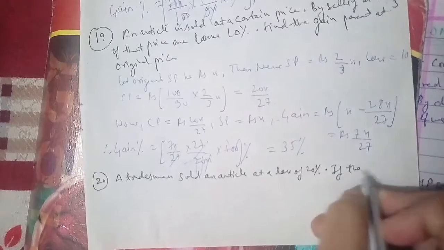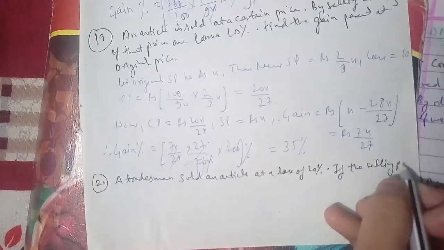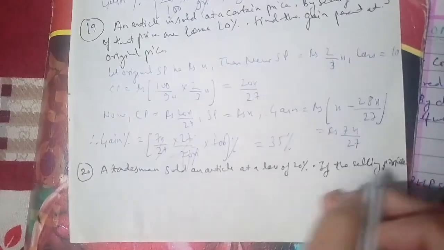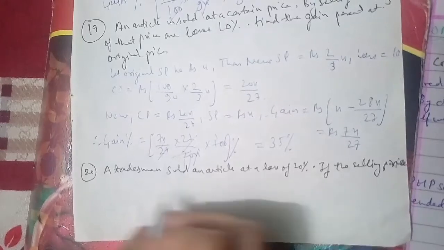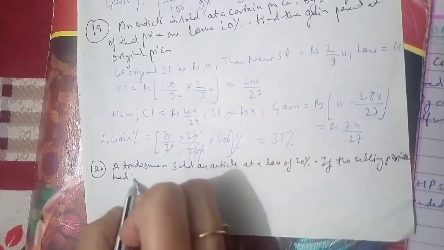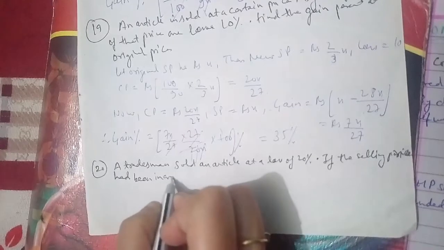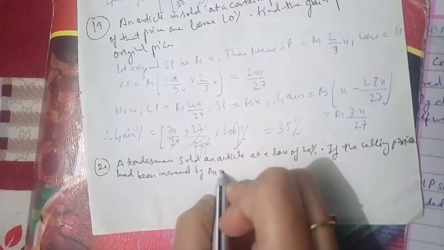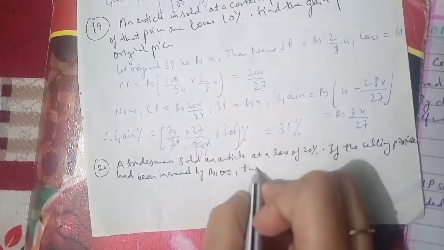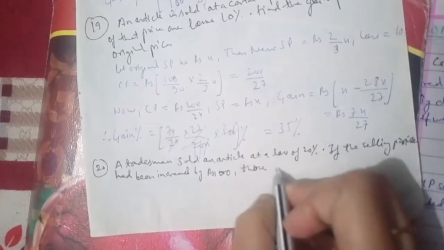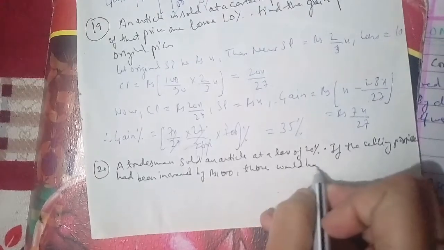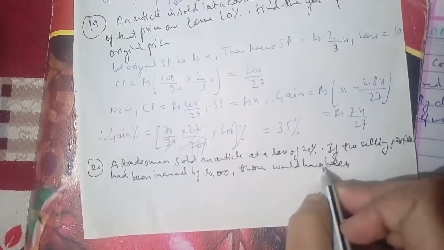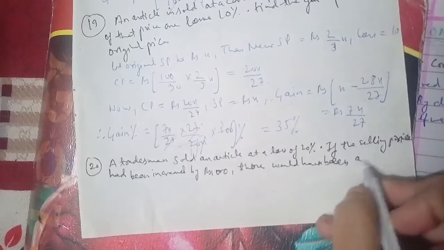If the selling price had been increased by rupees 100, there would have been a gain of 5%.